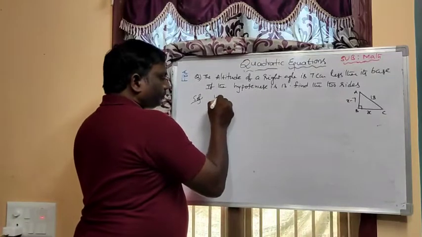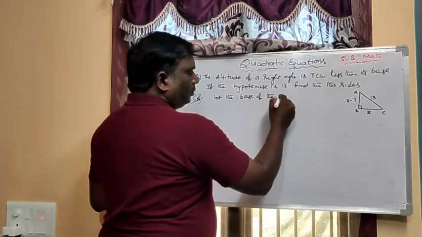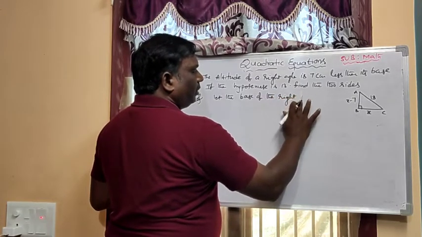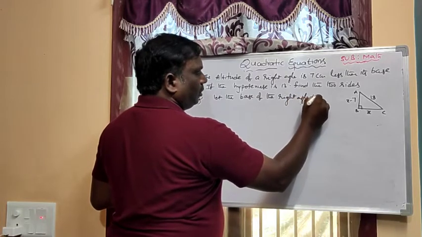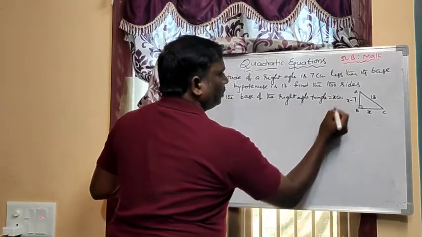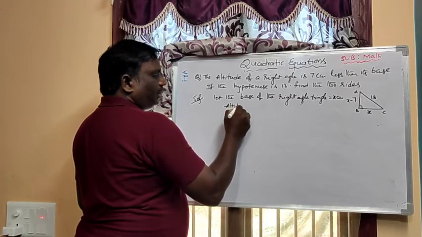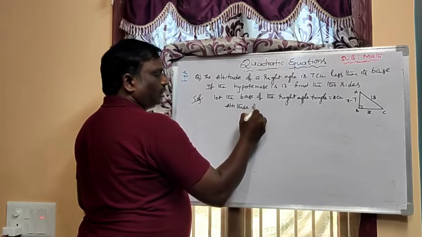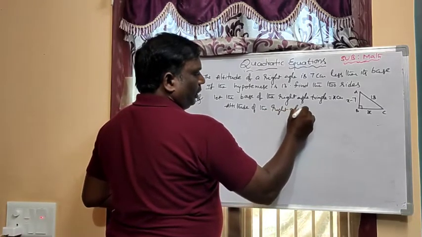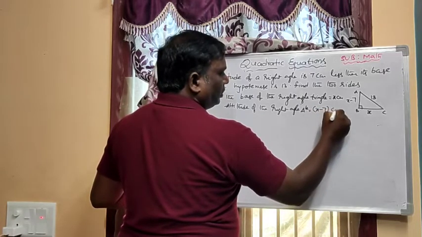Let the base of the right angle triangle equal x centimeters, and altitude of the right angle triangle equal x minus 7 centimeters.